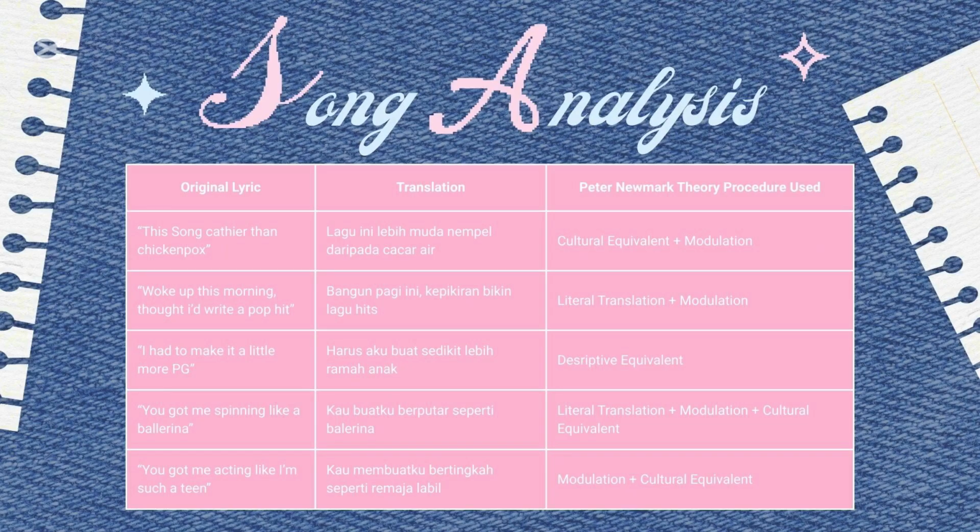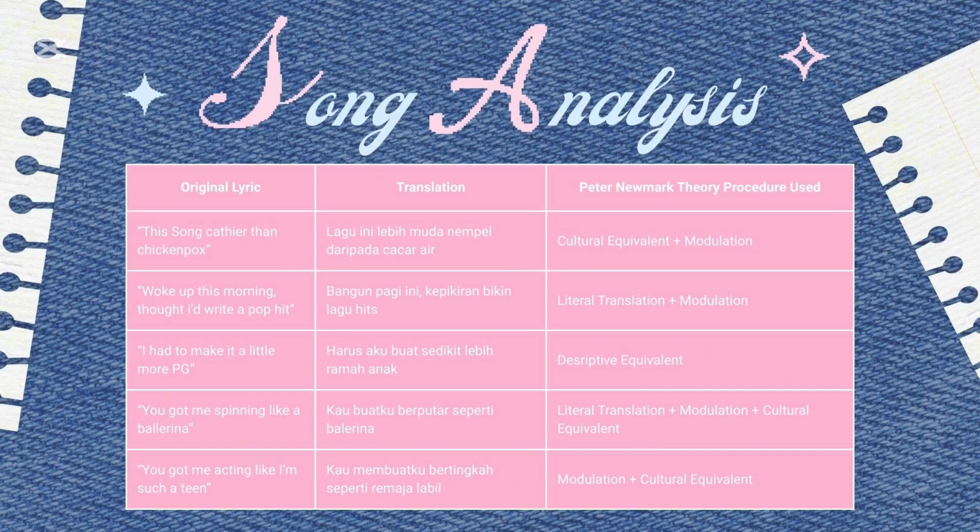And fourth, "you got me spinning like a ballerina." The translation in Indonesian, "kau buatku berputar seperti balerina." The procedure Newmark uses is literal translation with modulation. And why?